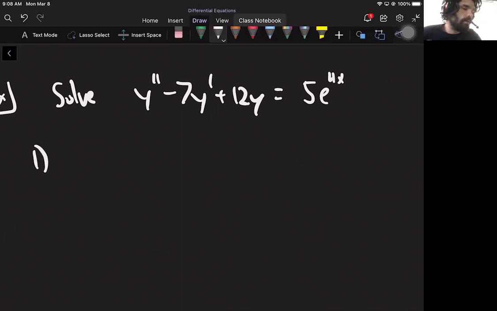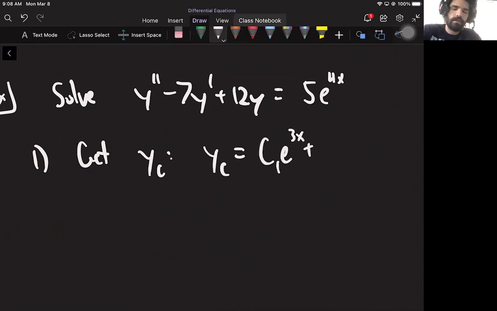We'll see what goes on. So we're going to get the complementary solution. The left side is the same as last time, so it's going to be the same thing. If you change the right side to 0, you're still going to get c1 e to the 3x plus c2 e to the 4x. So that's the same as last time. So now we're going to get yp.